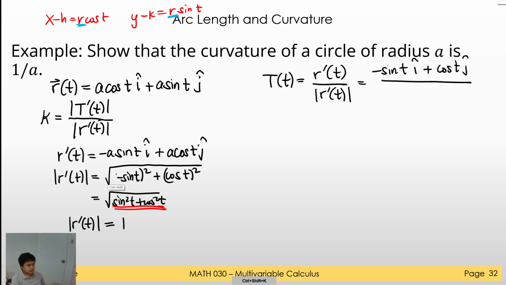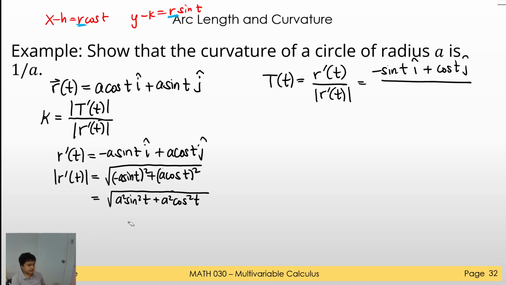This will be negative a sine t and then a cosine t. So let's remove this again. We have the square root of a squared sine squared t plus a squared cosine squared t. Therefore, if we simplify this, we can factor out this a squared.